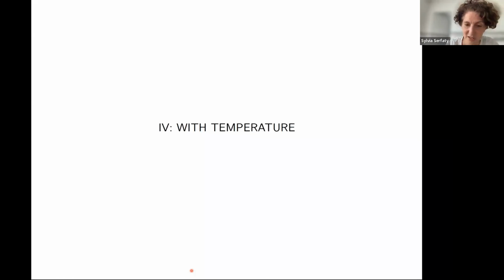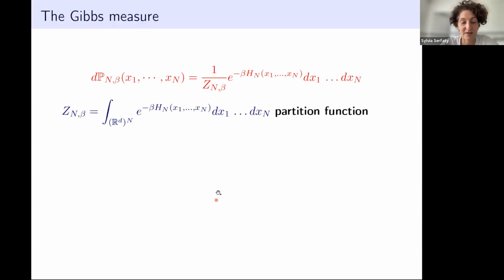So what happens when you add temperature to your system? Following the paradigm of statistical mechanics, you look at the Gibbs measure. The probability of observing your configuration x1 to xn is proportional to exponential minus beta times the energy. And you have to normalize by what's called the partition function, which makes this a probability density.